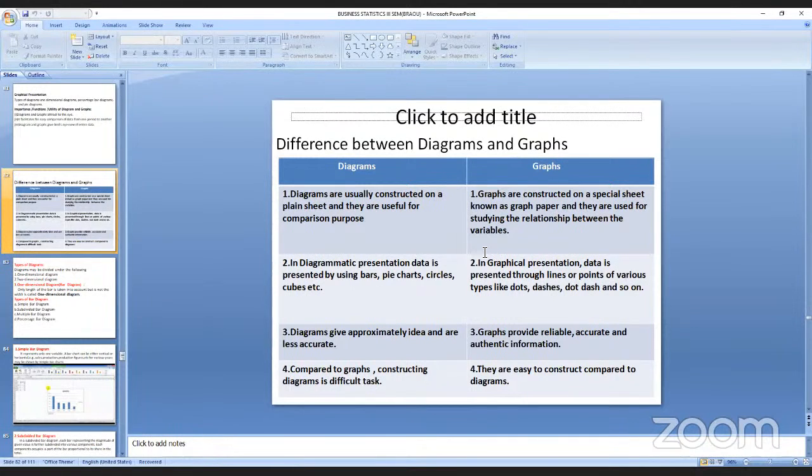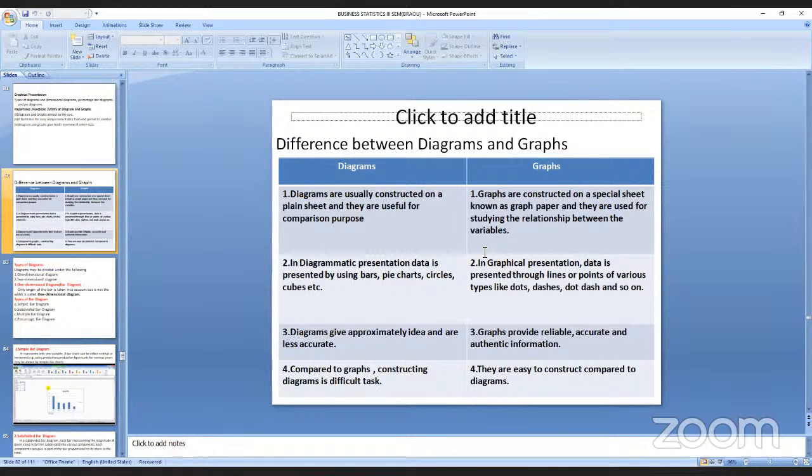And the next, third one: a diagram gives only an approximate idea and is less accurate. If I'm scribbling on a white paper and I say that it is a diagram, then it should attract my eyes and it should be clearly understood what the diagram is.